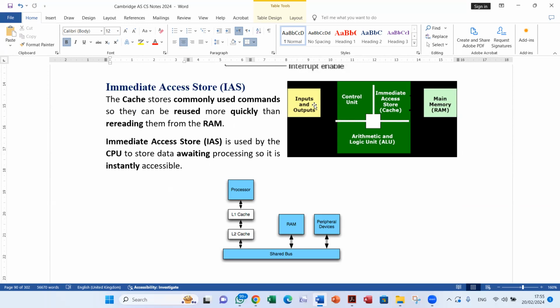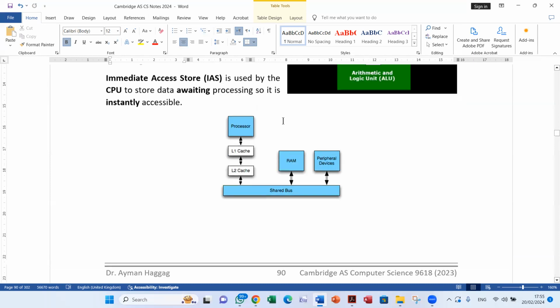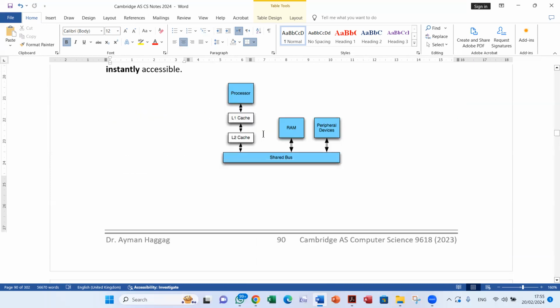The RAM is very fast, but we want even faster access time. Immediate access store is used by the CPU to store data waiting processing, so it is instantly accessible. Then we have level 1 cache and level 2 cache that represent the immediate access store.